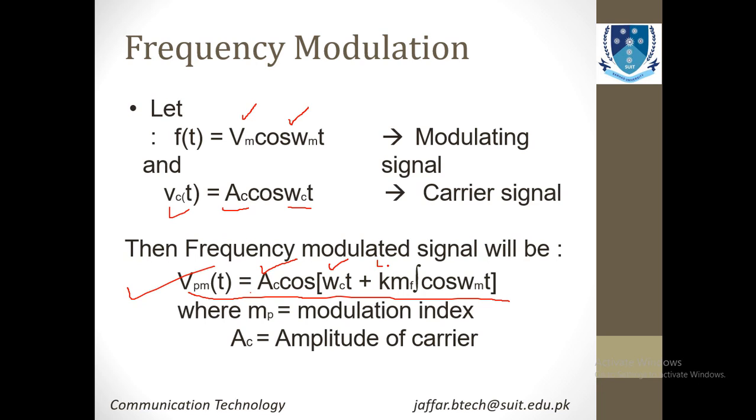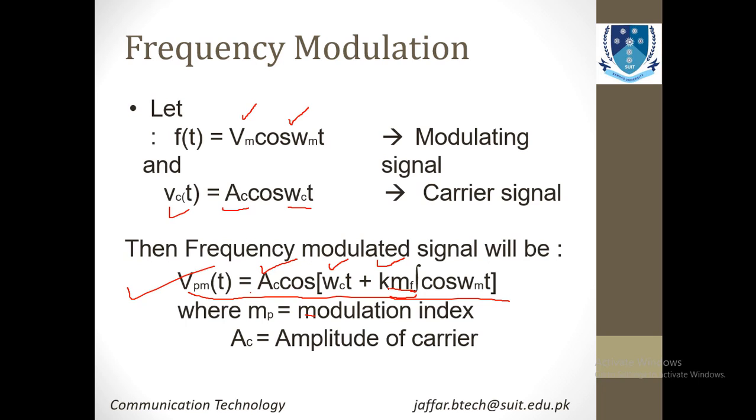This k is the constant. This k of f is the constant for the frequency, and I will explain to you what this m of f is. M of f is basically the modulation index, and f means frequency modulation.